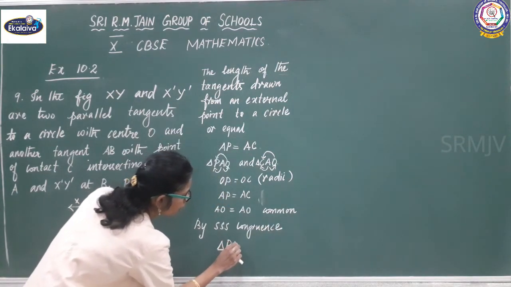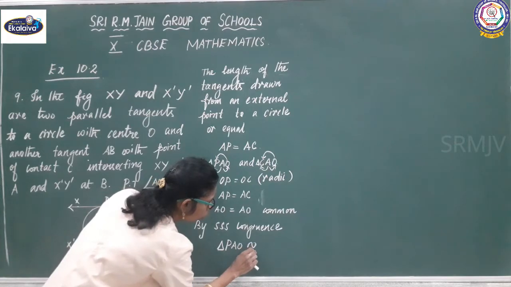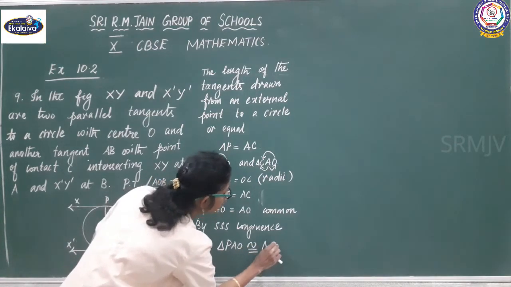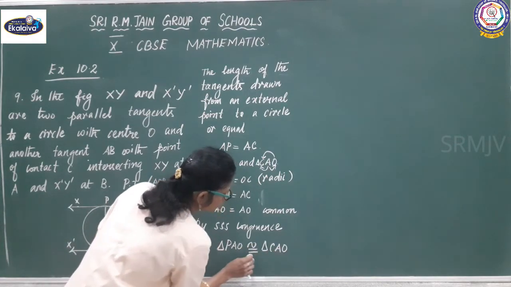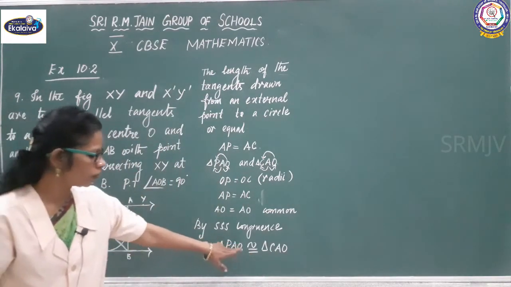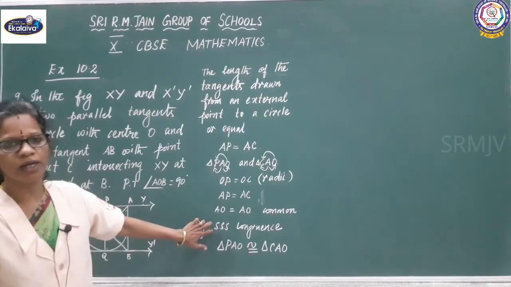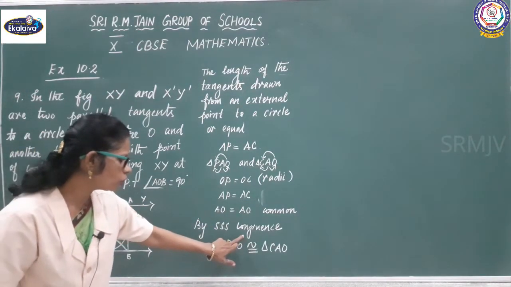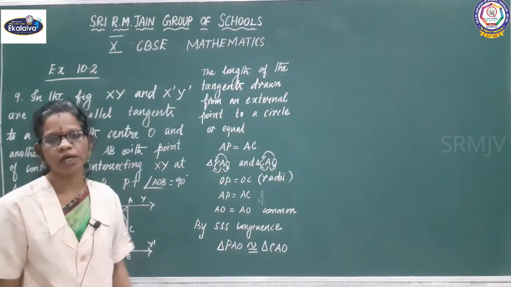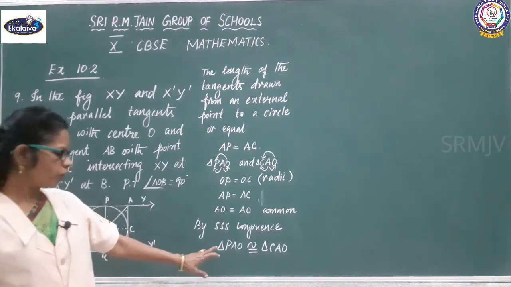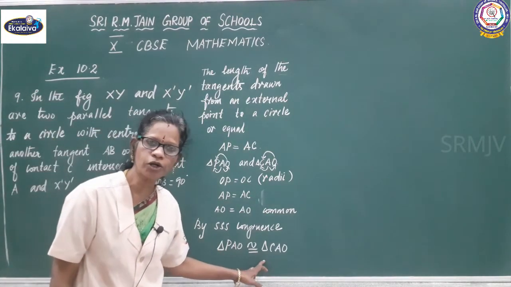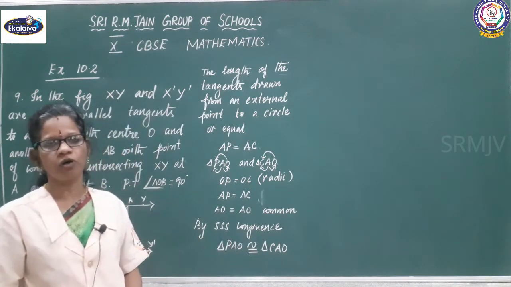Triple S congruence, triangle PAO is congruent to triangle CAO. The symbol you have to listen, children, is congruence, right? Because all the sides are equal. By using triple S congruence, you are saying that these two triangles are congruent. If these two triangles are congruent, angles are also equal, right?